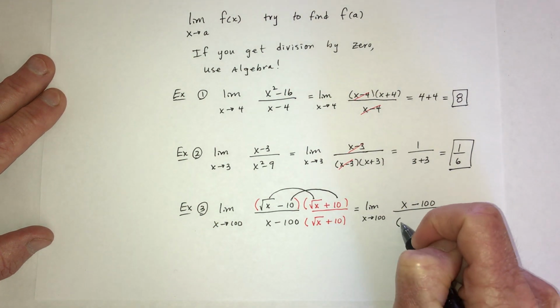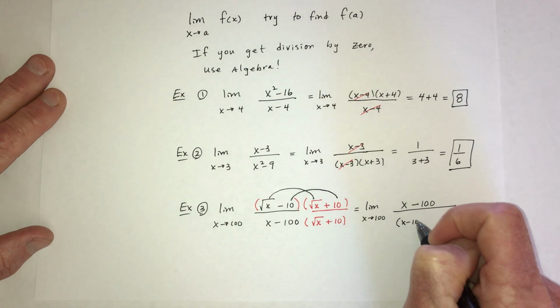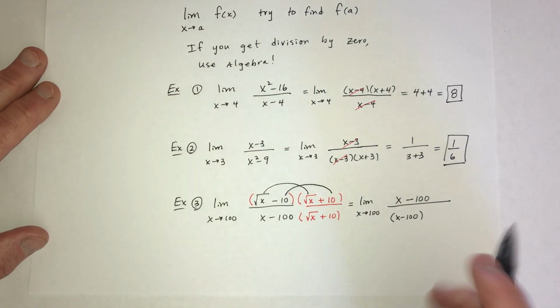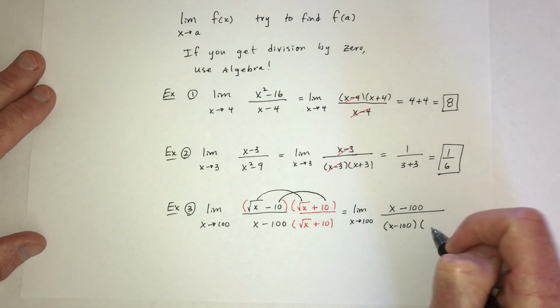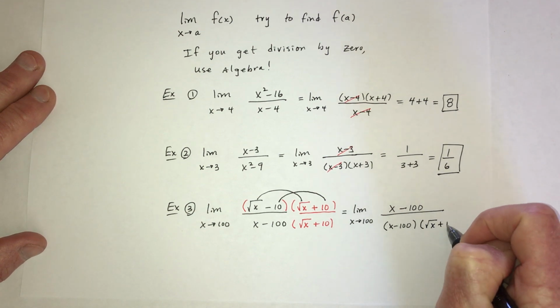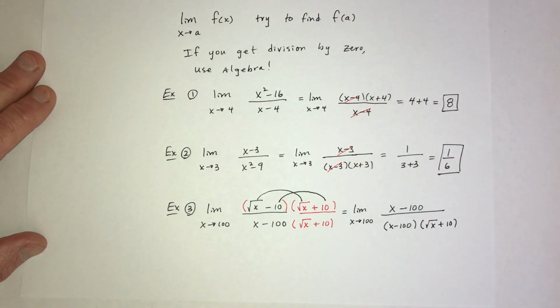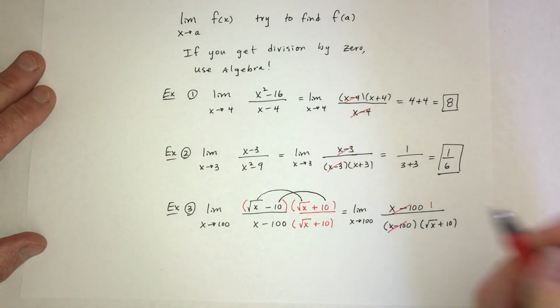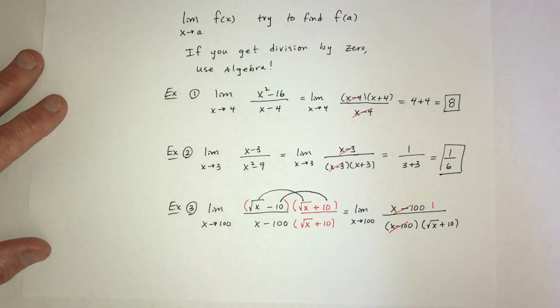And then the good news is, do not multiply out the bottom, because the whole goal is this is what's causing division by 0, so I want this to cancel. So if you just leave it in parentheses, then the x minus 100 and the x minus 100 will cancel. It leaves a 1 on top.